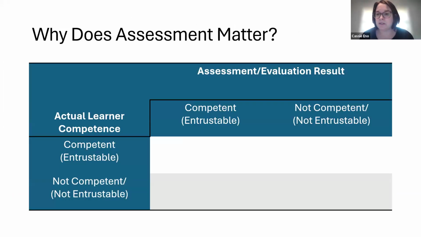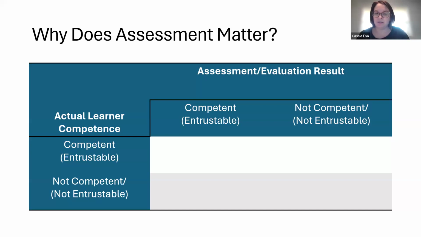So when we think about this in the framework of assessment, we think about actual learner competence or actual levels of entrustment. So is this someone that we want out practicing with patients? That's really the decision that we're trying to make. Are they competent or entrustable, or are they not competent and not entrustable? And we have assessments and evaluations and tools that help us to get information relative to that entrustment.